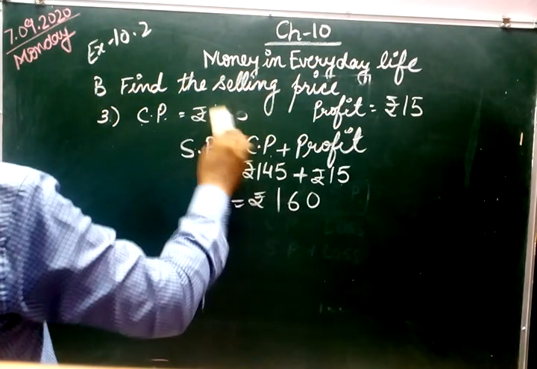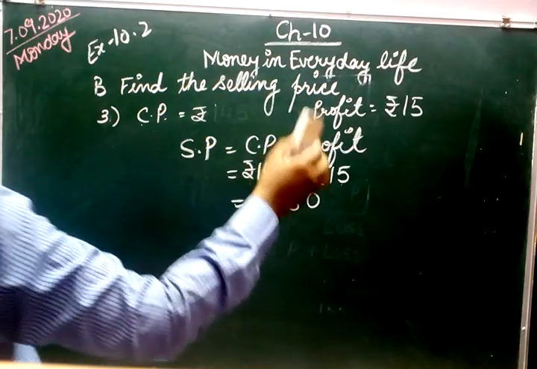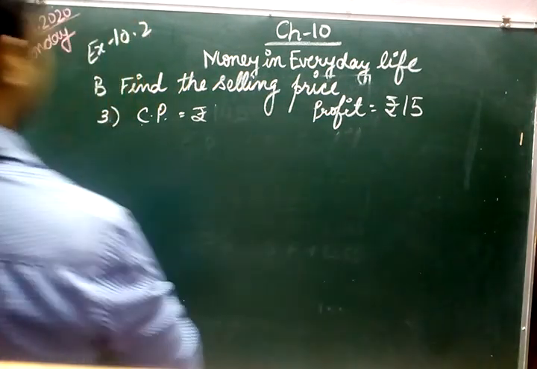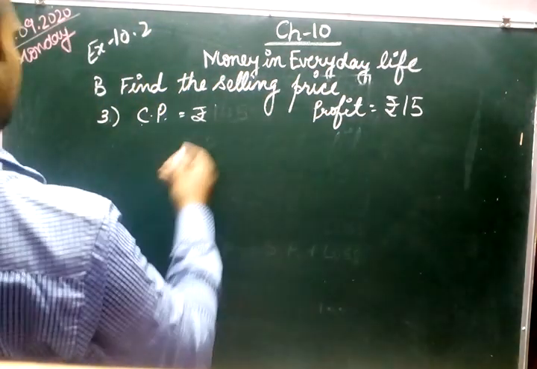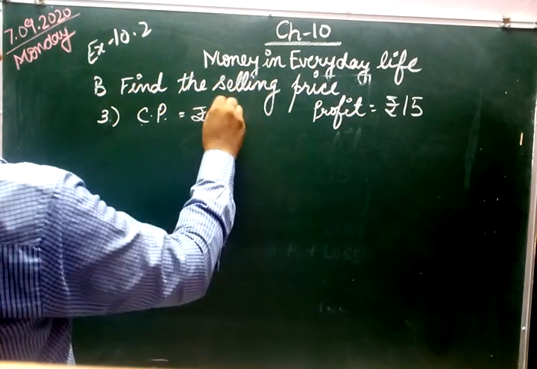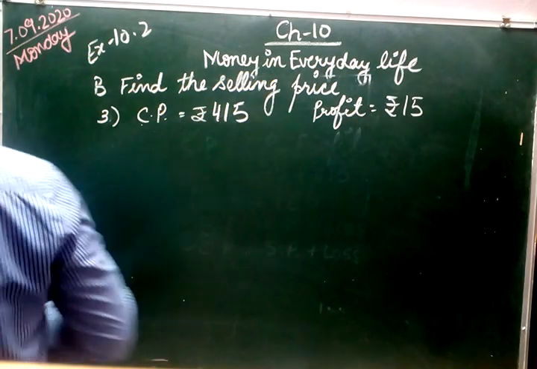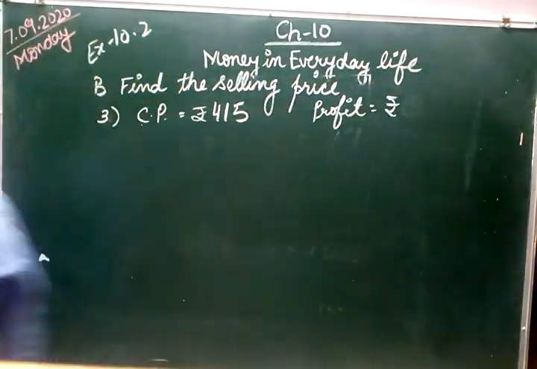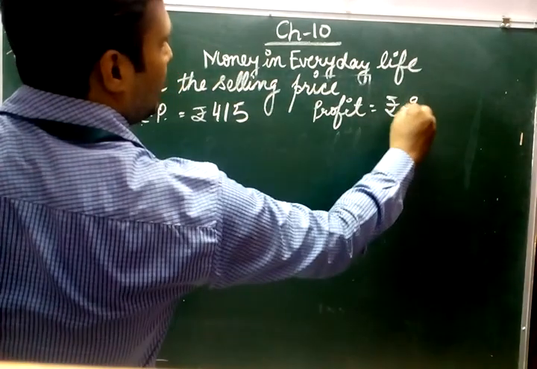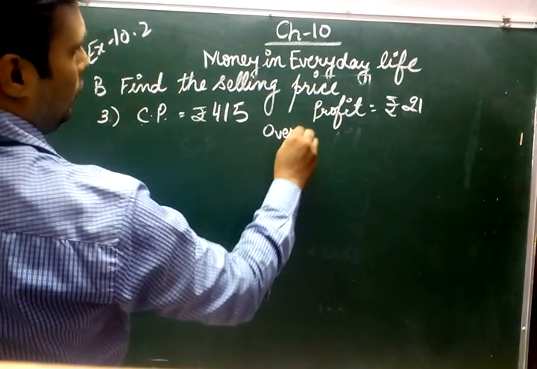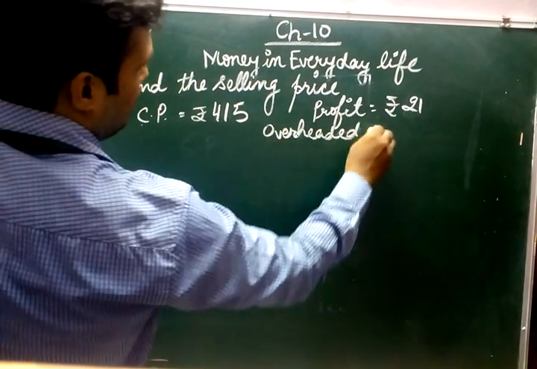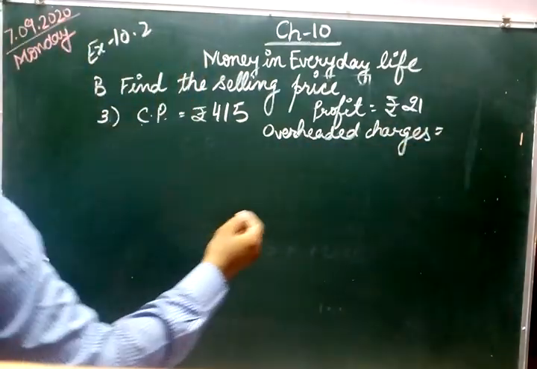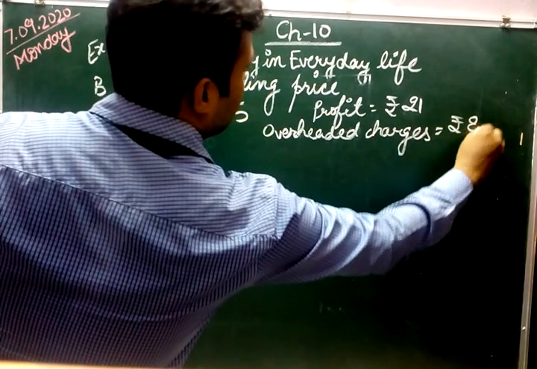Cost price is given to us, profit is there, but the most important thing is overhead charges. Overhead charges are there. Cost price is 415 rupees. Profit is rupees 21 and overhead charges, as we discussed earlier, will be a part of cost price, rupees 85.